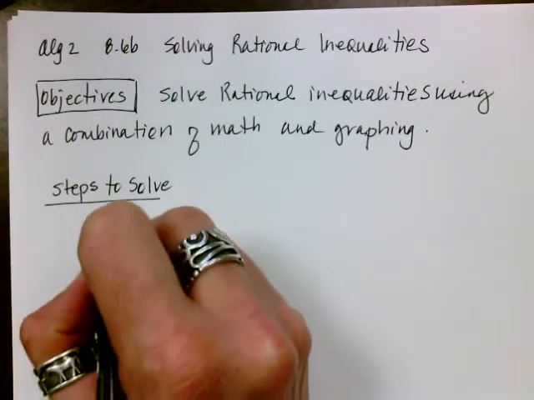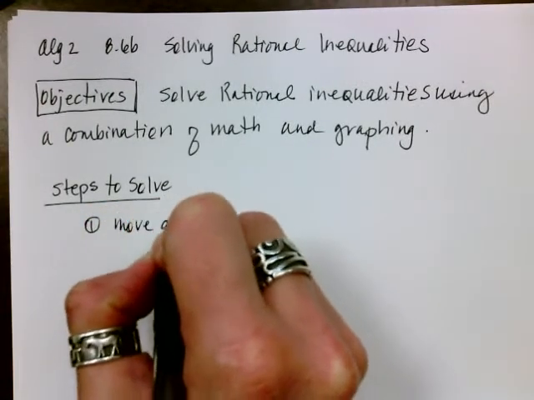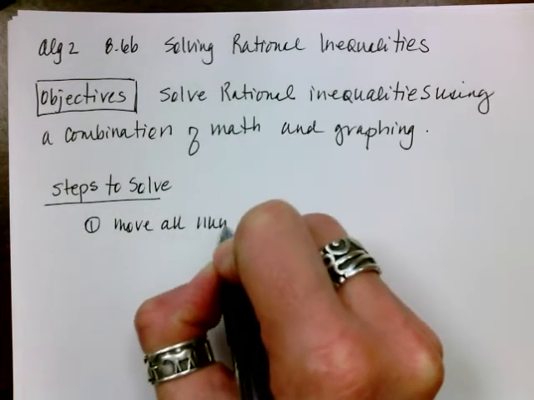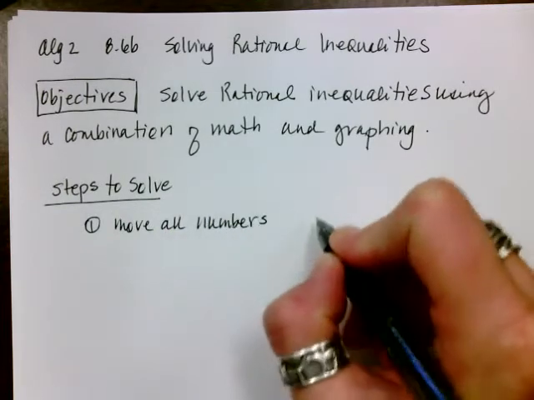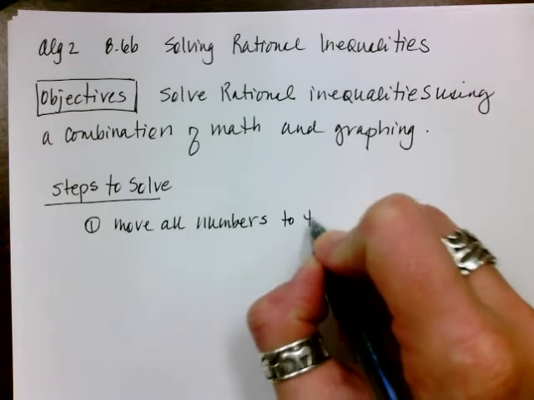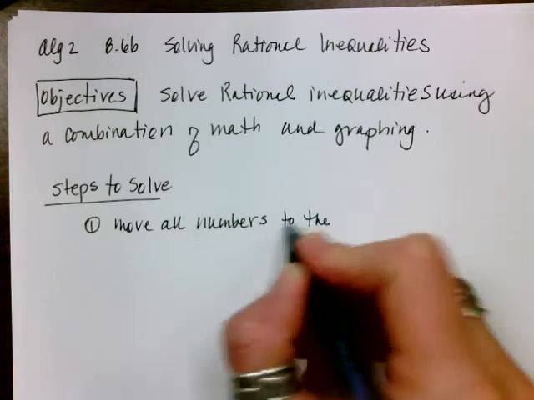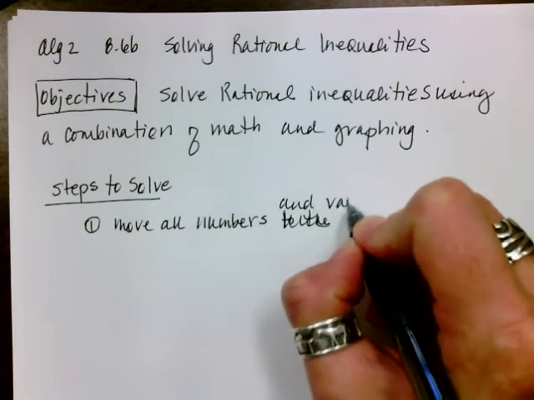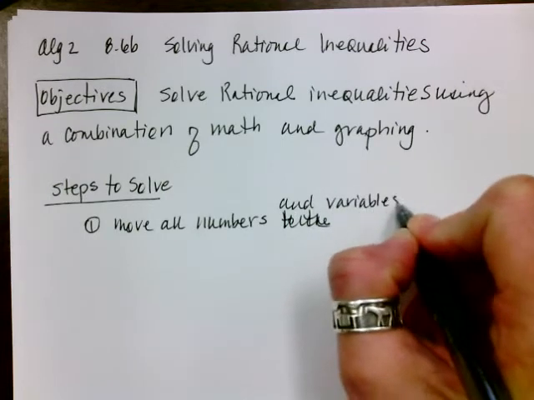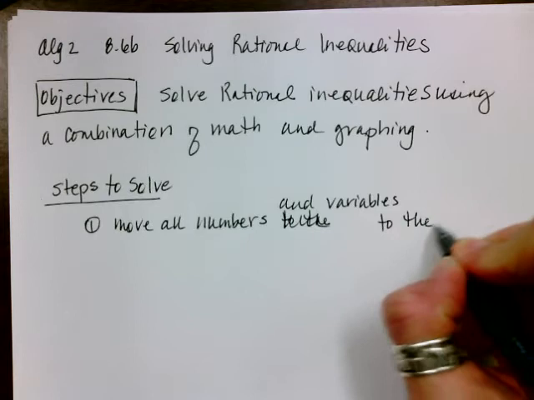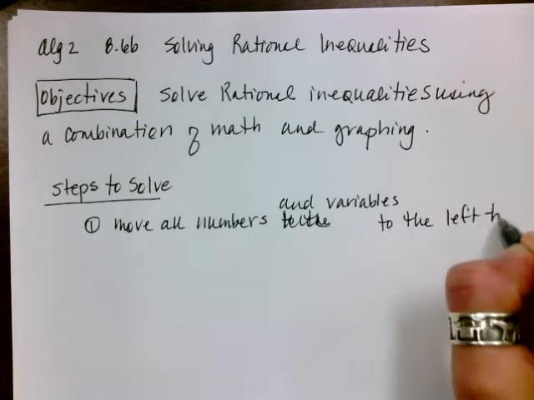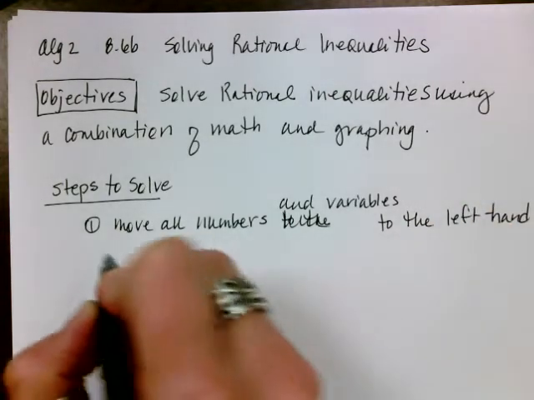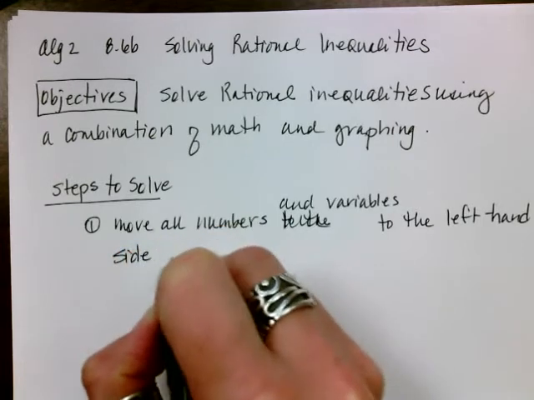First thing you're going to do is move all numbers and variables to the left-hand side of the inequality.